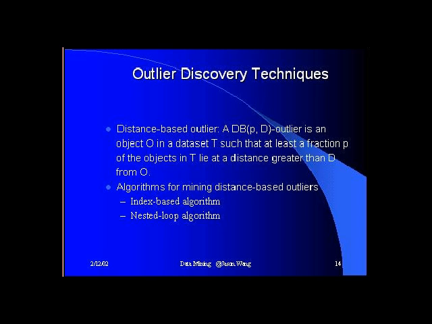On the other hand, if very few objects are close to this object, then it is isolated, and therefore it is an outlier. That's the nested loop algorithm. You do this checking for each data object. For the first object, you find the neighbors. For the second object, you find the neighbors again. For the third, you find neighbors again. That's how we detect outliers.